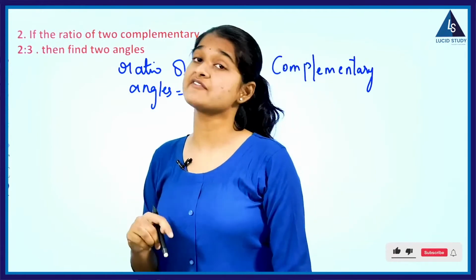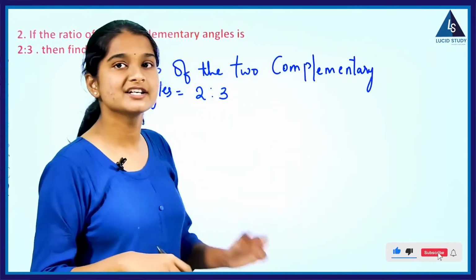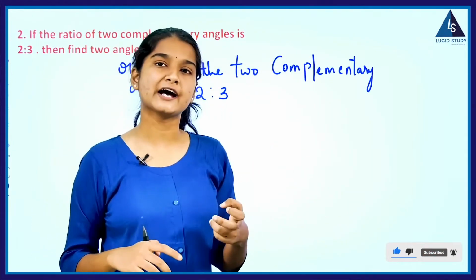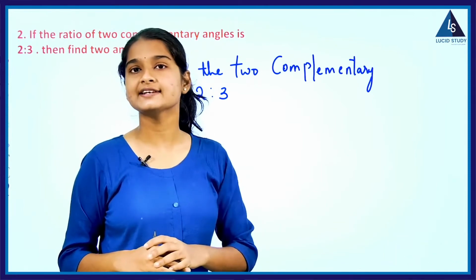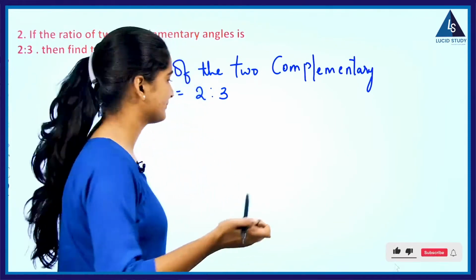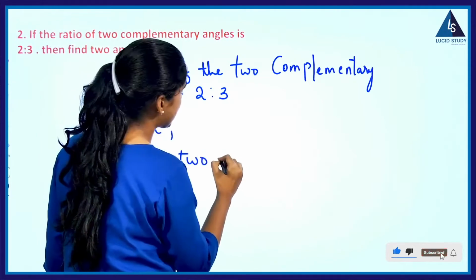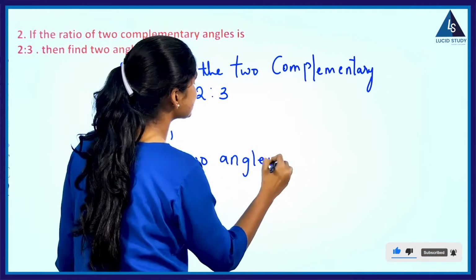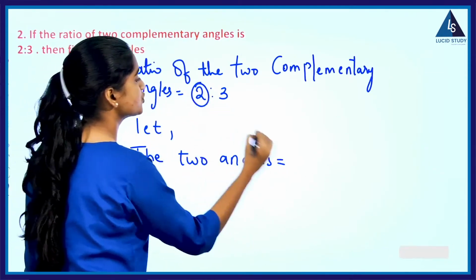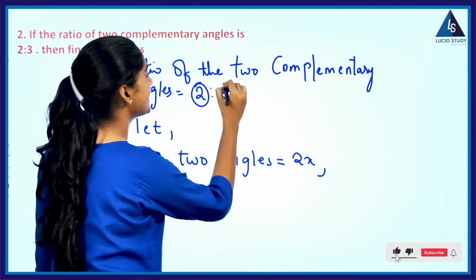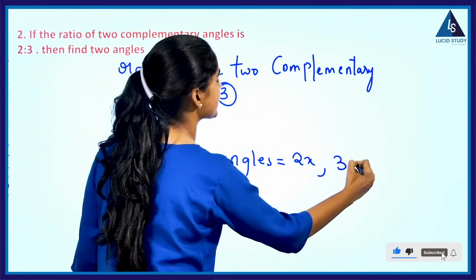Now the easy way we can find out the angles is, children, as the two angles are unknown, we can consider the two angles with the help of a variable. So let the first angle be 2x, second angle be 3x.